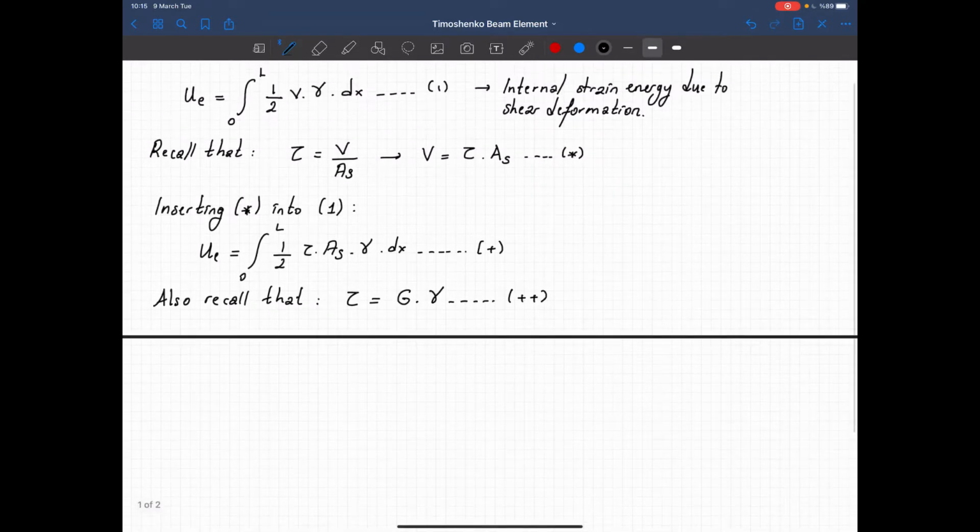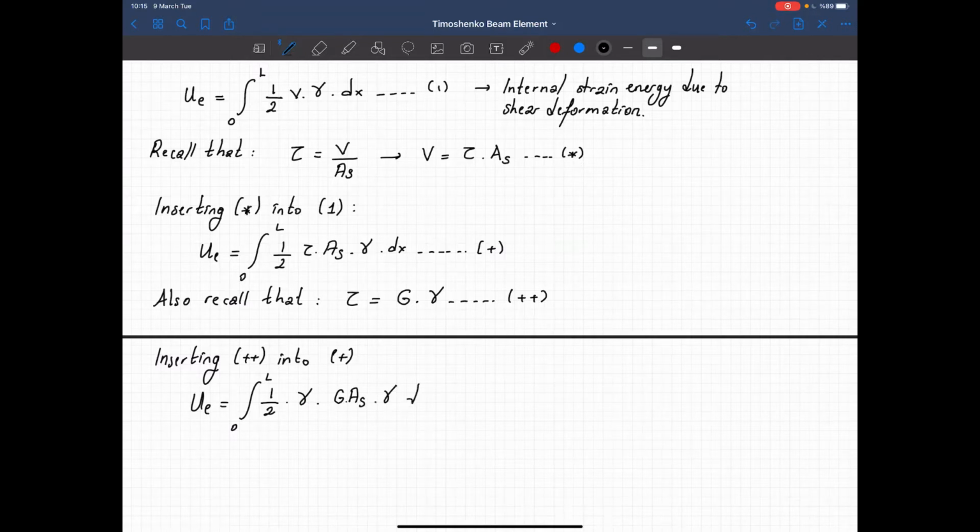Now again, inserting equation double plus into plus, we get the equation for the internal strain energy due to shear deformation, which is equal to 1/2 times shear modulus times effective shear area multiplied by the shear strain squared and integrated over the length of the member.